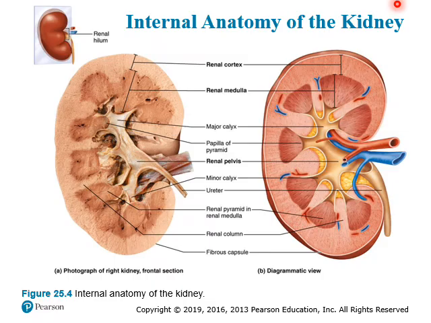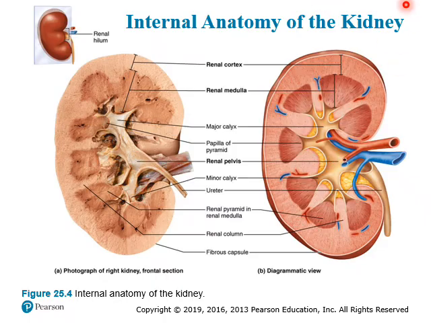The major calyces, which are the joined areas of the minor calyces, collect the urine from the minor calyces. They empty their urine into the renal pelvis. Okay, let's take a look at where the urine flows. The urine flows from the nephron. It's now going to flow into the renal pyramids, the pyramids itself right there.